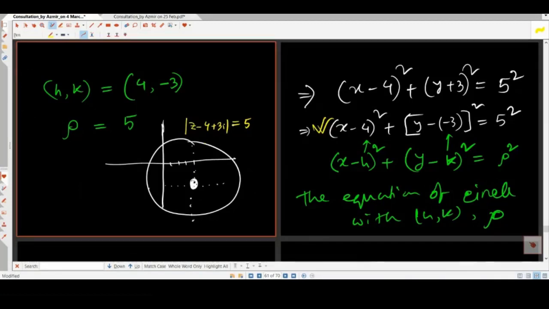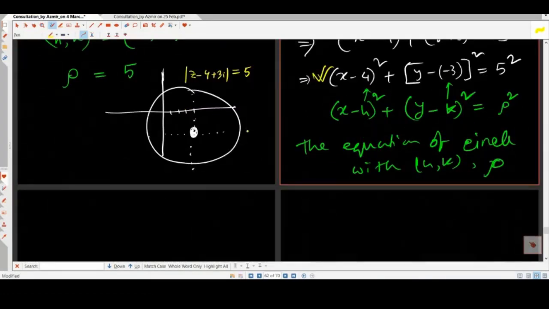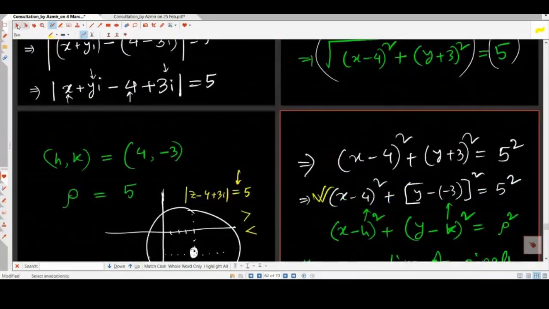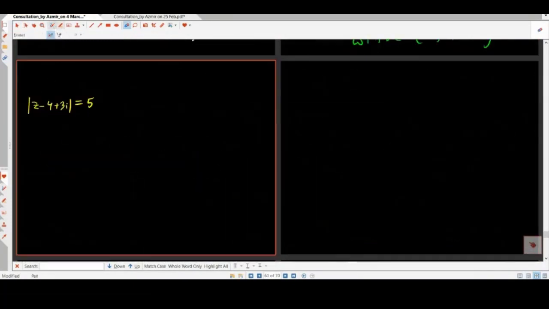Now you have to know what is the function for equal, what is the function for greater than, what is the function for less than. Suppose we have the same problem. We have understood that this is a circle with center and radius.